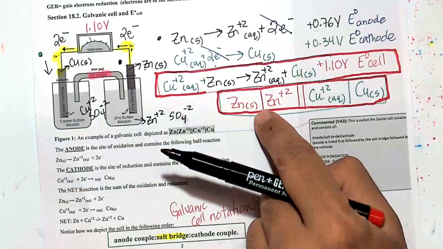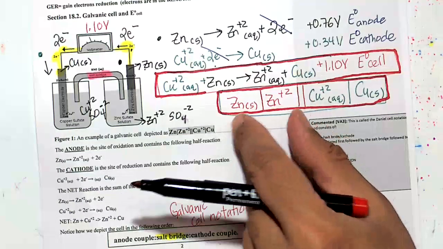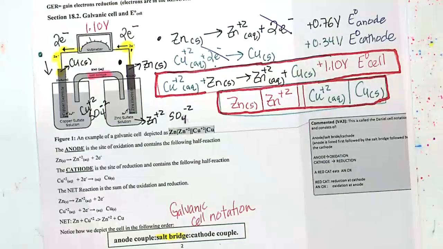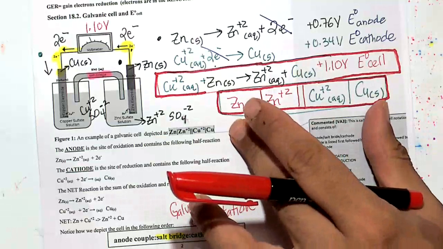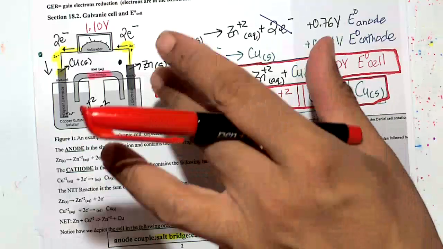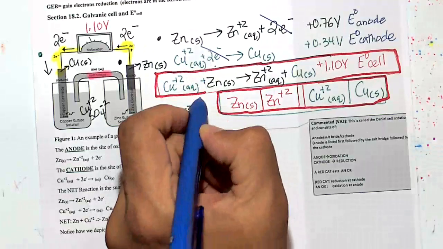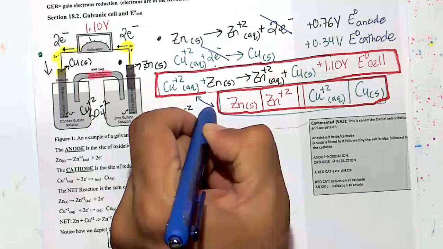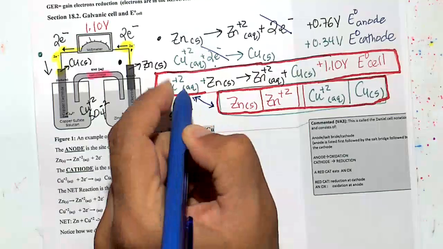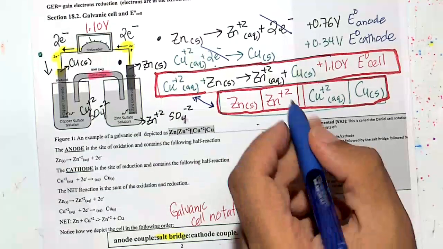If I give you this, you should be able to convert it to that, which is the anode, salt bridge, cathode couple. If I give you the galvanic cell notation, you should get the equation, the redox reaction. So basically, just be comfortable going back and forth between these two. Once again, this is the anode couple.